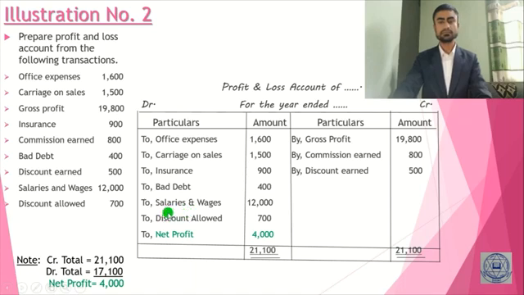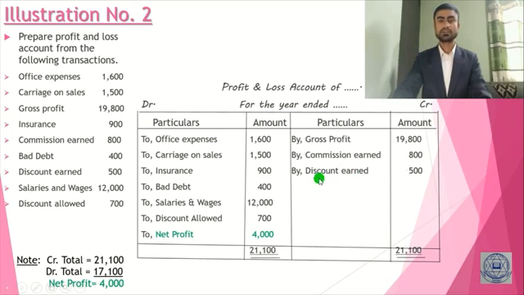Okay, and next we have discount allowed. Discount allowed means given. If discount is given, then it is written on the debit side. If discount is received, then it is written on the credit side.